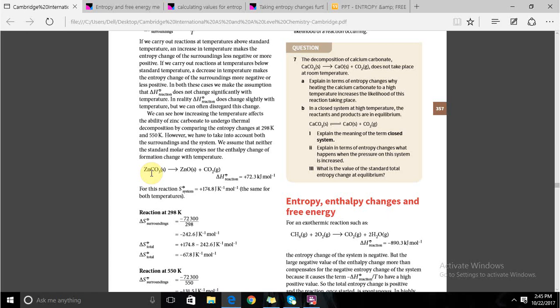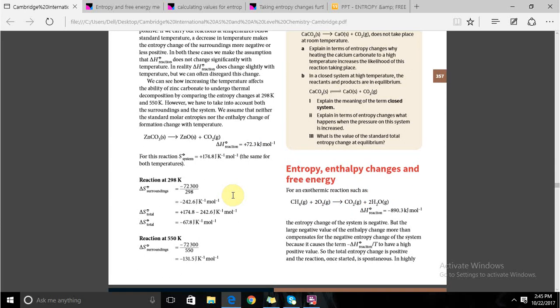In both of these, the standard enthalpy of the system has a positive value. However, it is the surroundings that will come into play. At 298 Kelvin, we get a value for the surroundings that is negative, about minus 242.6, and when we sum these two up, we get an overall negative value, and therefore this reaction is unfeasible.